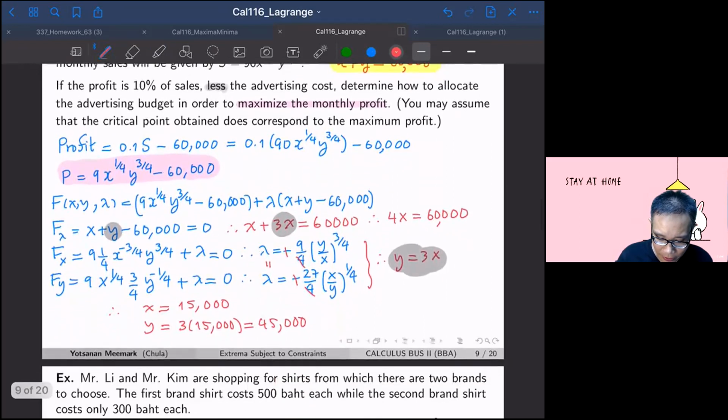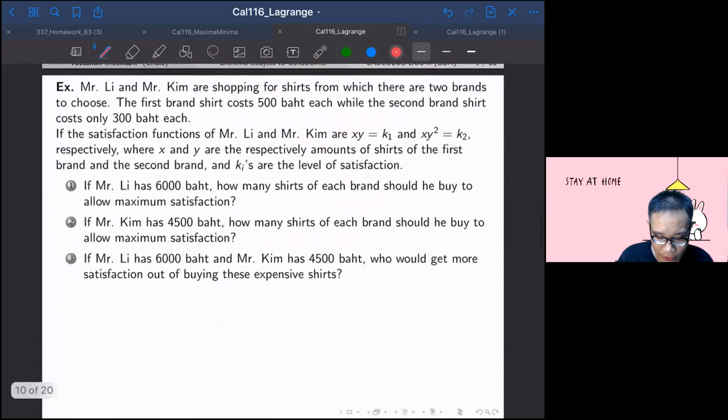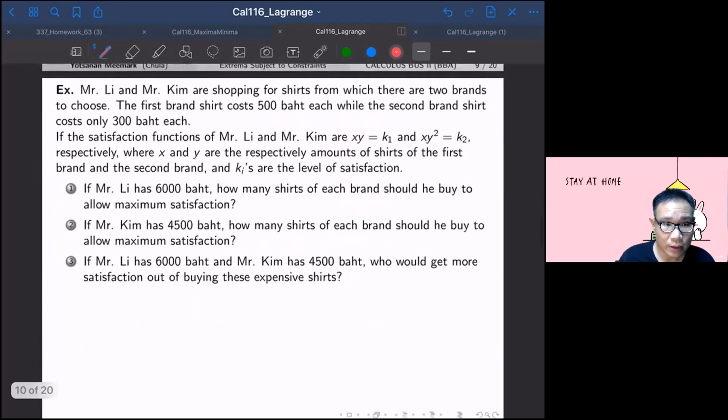The next one, when you read the question, you're going to see that Mr. Lee and Mr. Kim are shopping for shirts from two brands. The first one costs 500 baht each, while the second brand's shirt only costs 300 baht each.